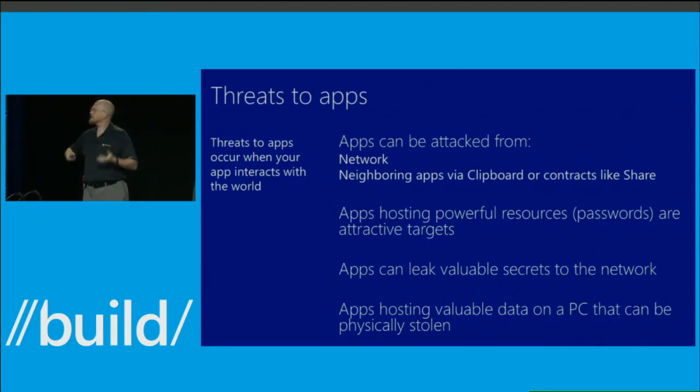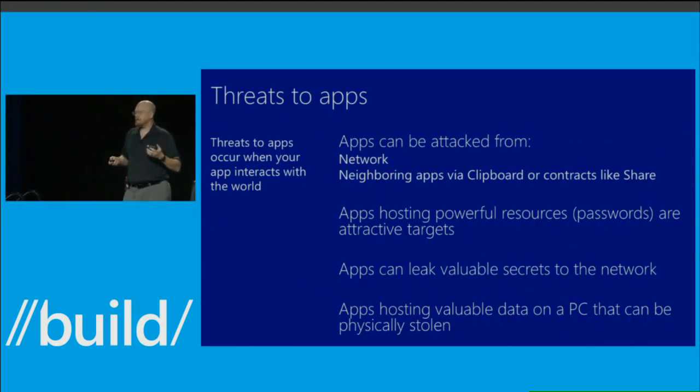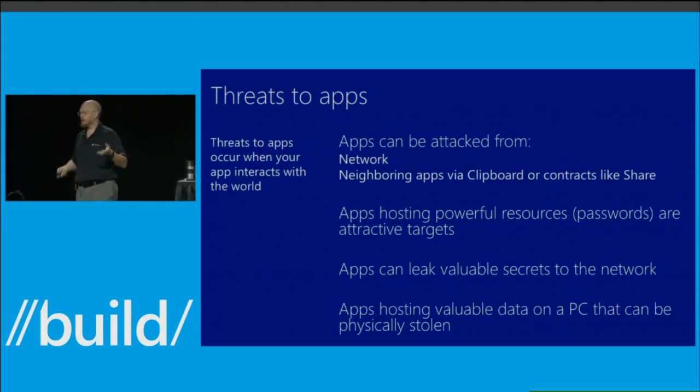Apps that host powerful resources, such as passwords to the user's social networking sites or their bank, become interesting targets that attackers want. And so that's one reason why an attacker might want to go after your app. Apps can leak valuable secrets onto the network if they're sloppy about how they do network traffic. And apps that are hosting valuable data on a PC that can be physically stolen are at risk.